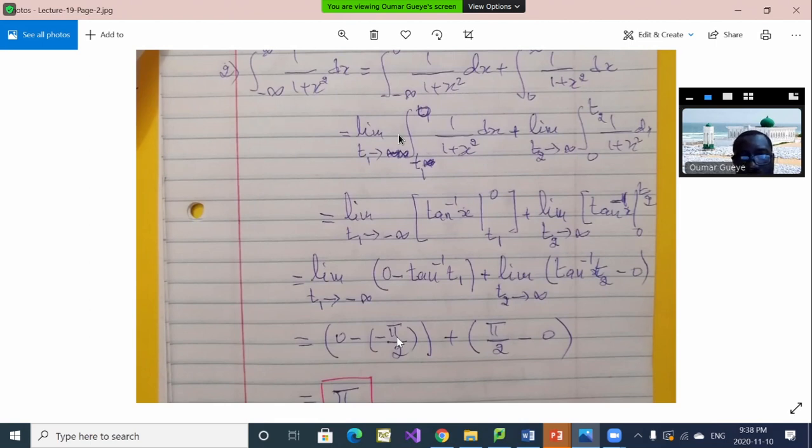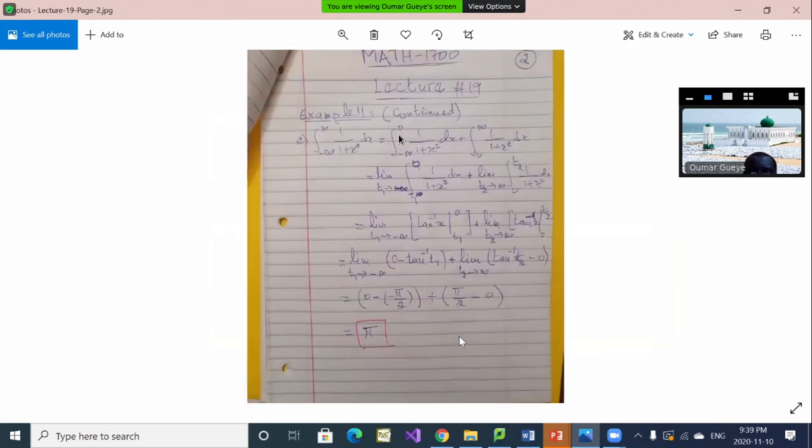It's going to be minus pi by 2, because tan of minus pi by 2 is sine of minus pi by 2, which is minus 1, over cosine of pi by 2, which is 0, and we get minus infinity. So tan inverse at minus infinity is equal to negative pi by 2, and tan inverse at positive infinity is pi by 2. When you drop the brackets, you have two negative signs, so it becomes a positive pi by 2 plus pi by 2, and the solution is pi.